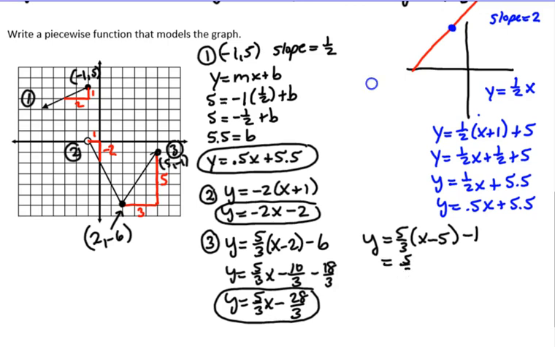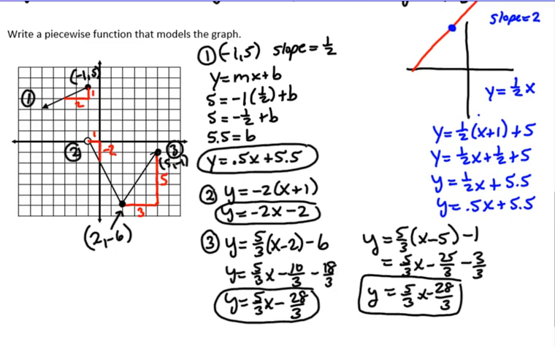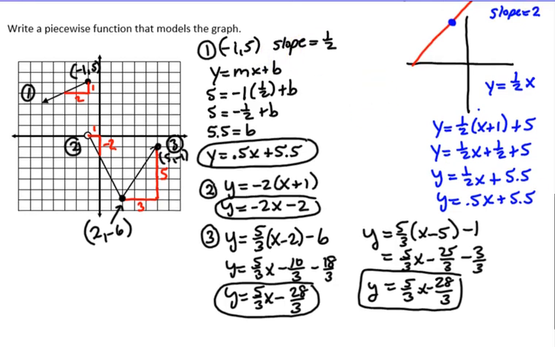This would be 5/3 x minus 25/3 minus 1, which is 3/3. That's still 5/3 x minus 28/3. Okay, so this is a really cool way to write the equation of a line using translations instead of y equals mx plus b.